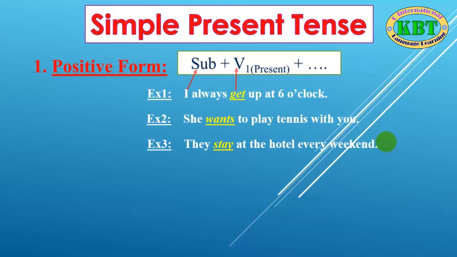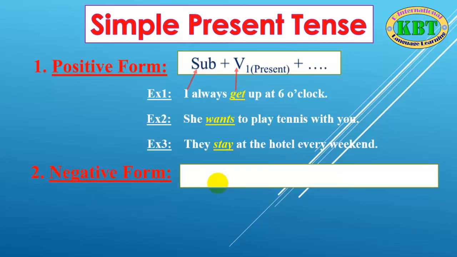Negative form of the present simple. So how do we make the negative form? Let's have a look: subject plus do or does plus not plus verb 1 or verb in present plus the rest.